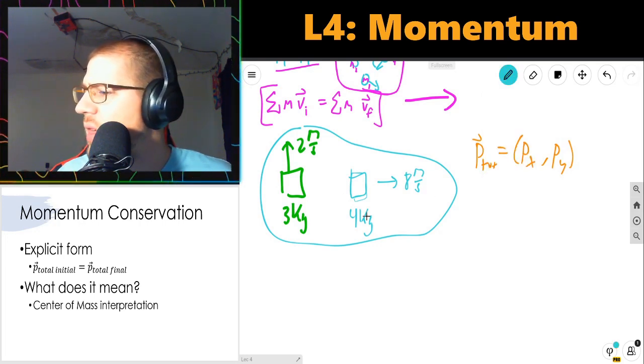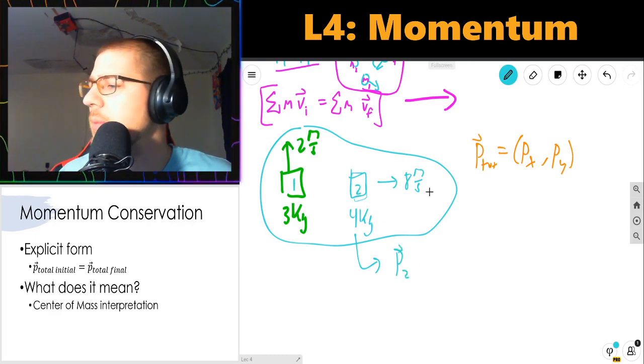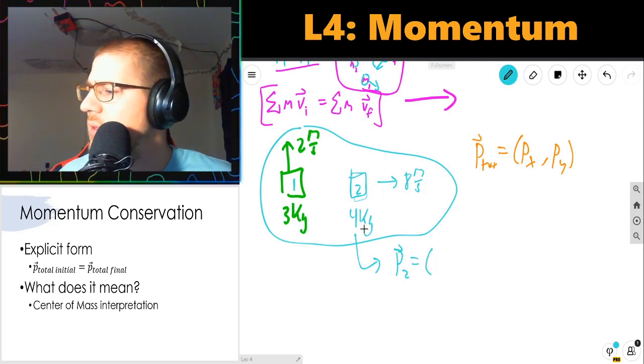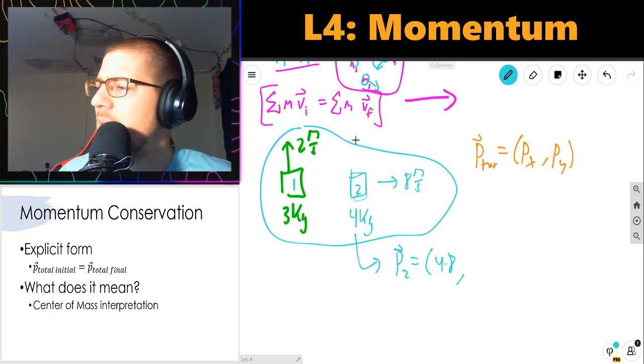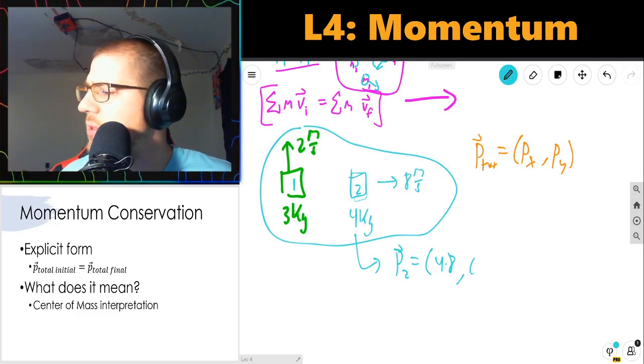This box would have a momentum vector, I'll call this p2. This will be my second one, this will be my first one. p2 would look like, the x component is going to be 4 times 8. That's mass times velocity. And the y component, since there's no component of the velocity in the y direction, is just going to be 0. So 4 times 0 makes 0.